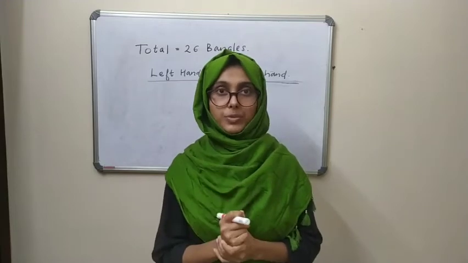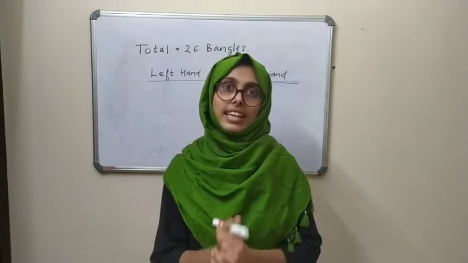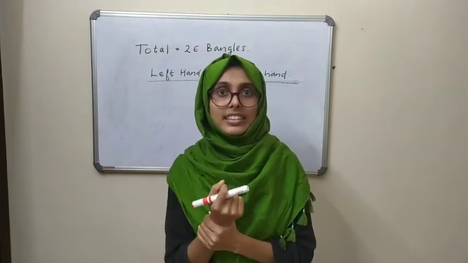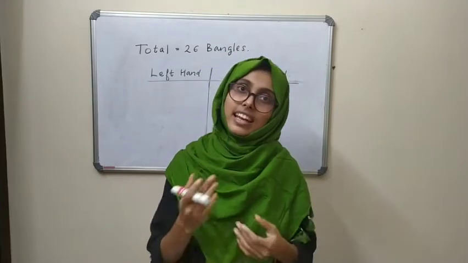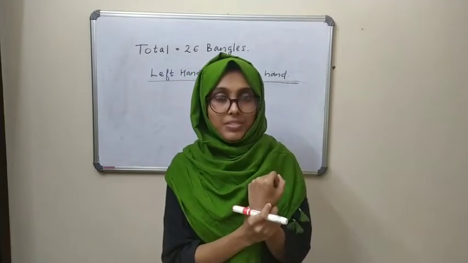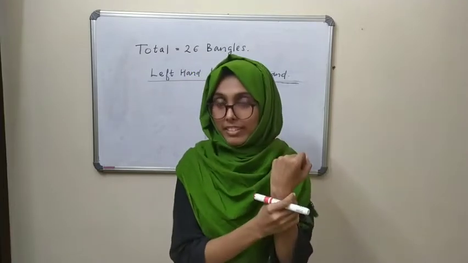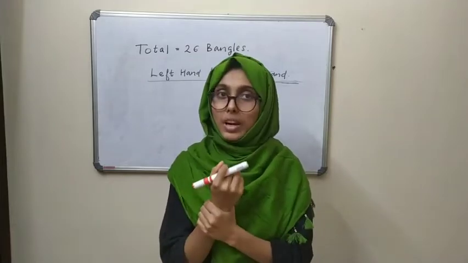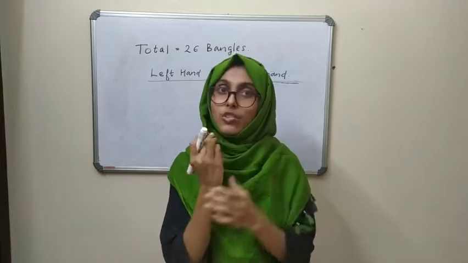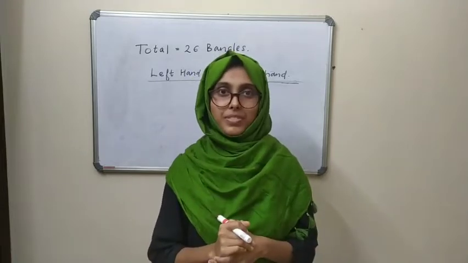I will say one way. One way is she can wear one bangle in the right hand and the other 25 bangles in the left hand, isn't it? So 25 in the left hand and 1 bangle in the right hand. That means 25 and 1, 26 bangles, isn't it?